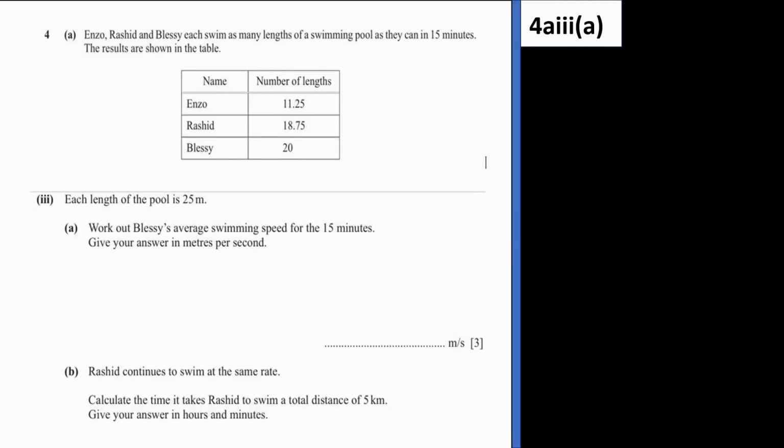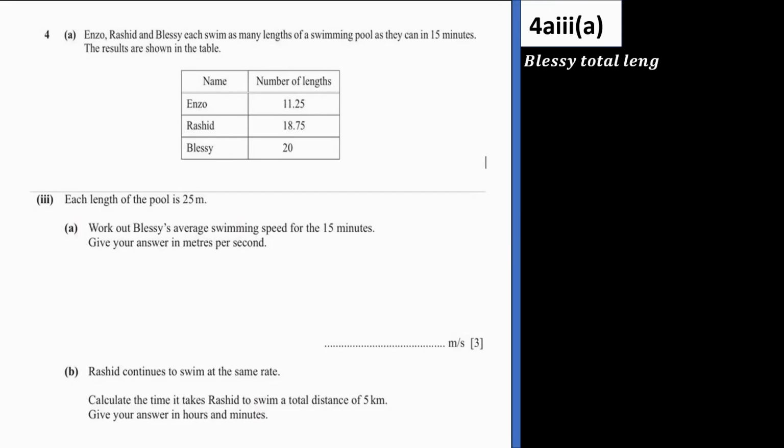So we move on to question 4AIII. The A part of that question says that each length of the pool is 25 meters. Work out Blessy's average swimming speed for the 15 minutes. Give your answer in meters per second.